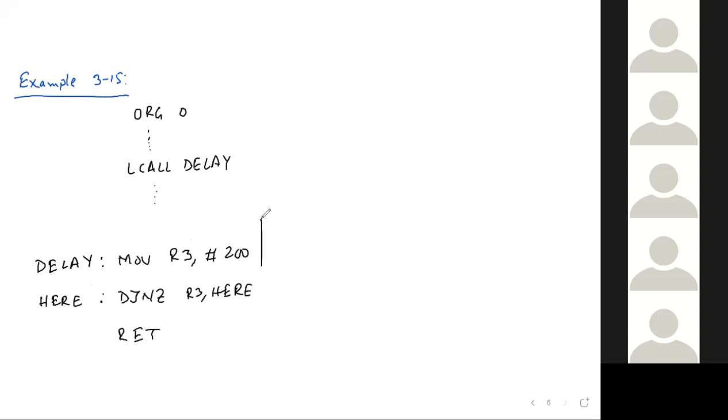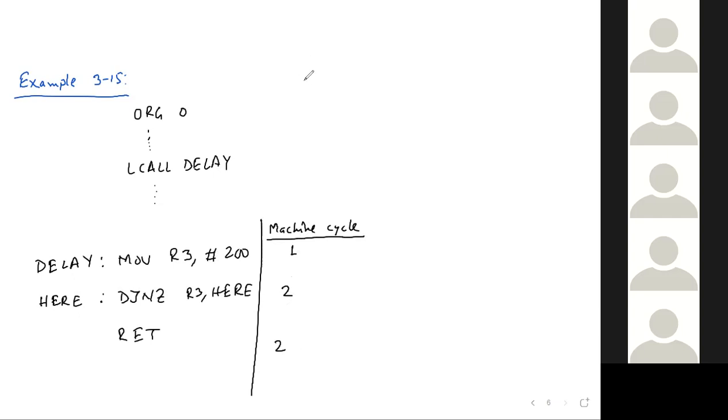Now you need another piece of information to find out the exact time delay, that is, you need to know the machine cycles. For the time being, let me just tell you the machine cycle for executing this MOV instruction is 1. For this DJNZ, the machine cycle is 2. For this RET also it is 2. How I found this machine cycle, I will tell you a bit later.